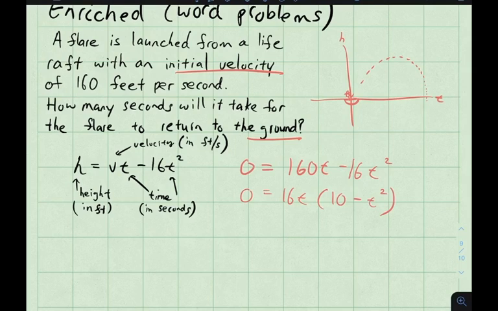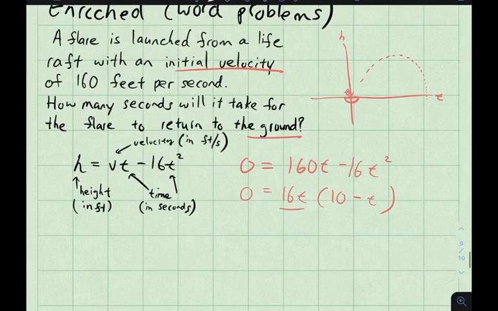Oops, no t squared here, like that. Then we can find out our answers. From here, 16t equals 0, so t has to equal 0. From here, 10 minus t equals 0. Add t to both sides. 10 equals t.